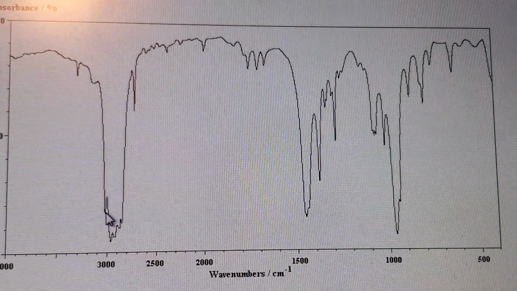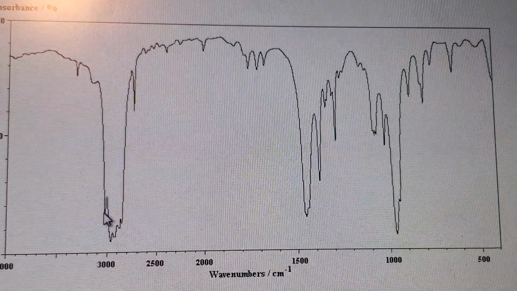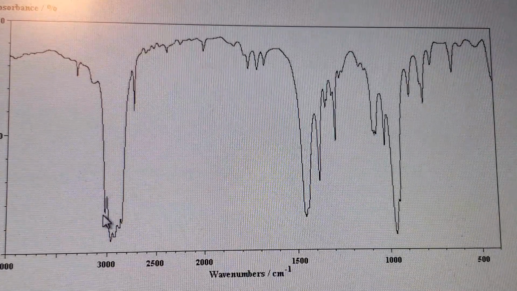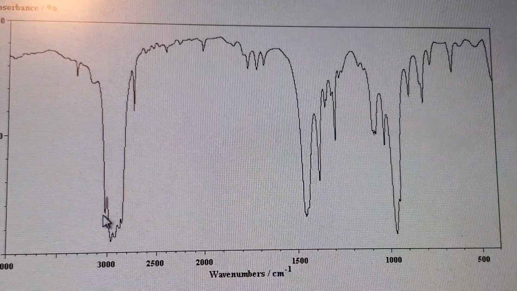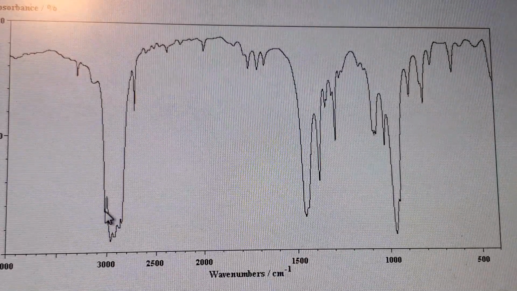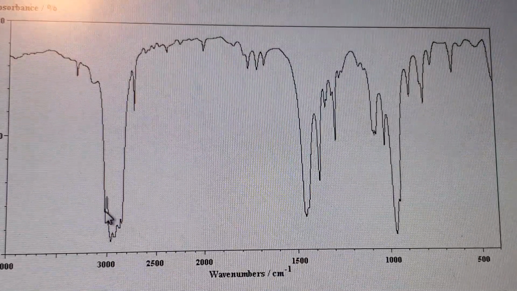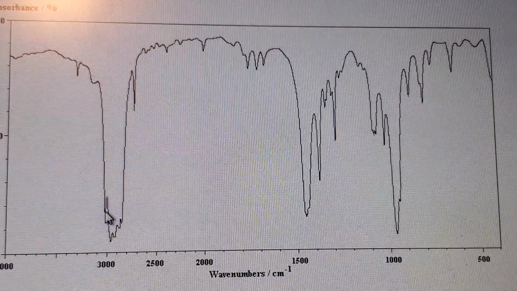Yeah, this is greater than 3000, so you suspect, as we did before, this to be either hydrogens on sp2 carbon or sp carbon. Then we said that we need to check whether we have double bond carbon or triple bonded carbon.